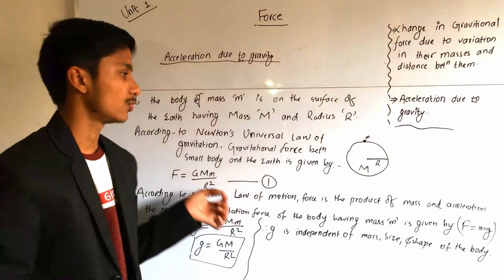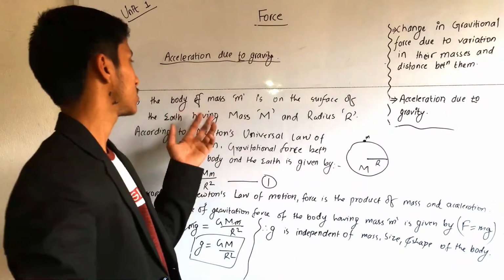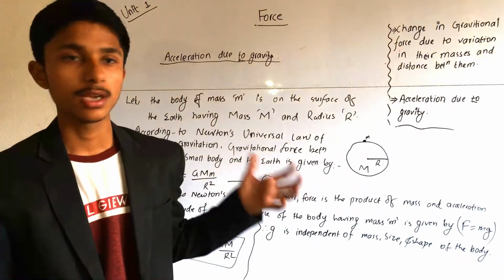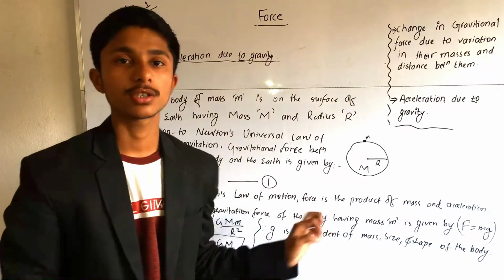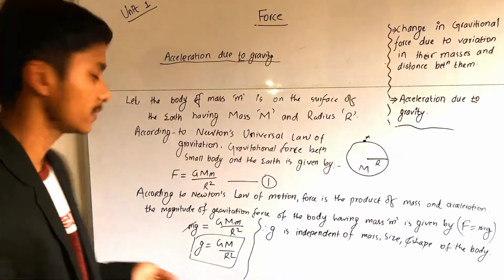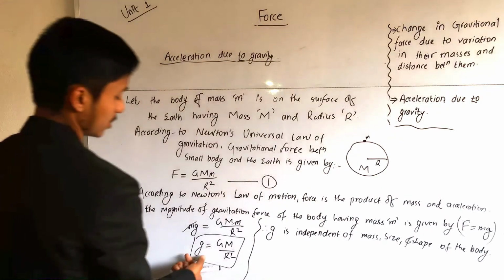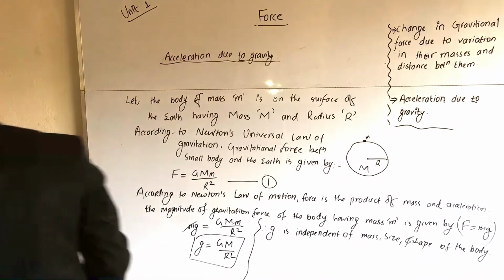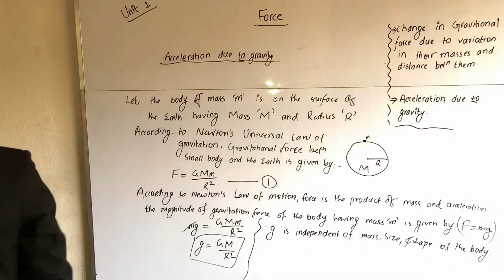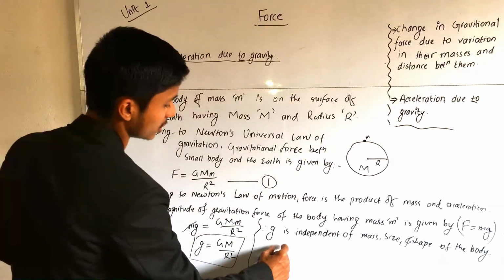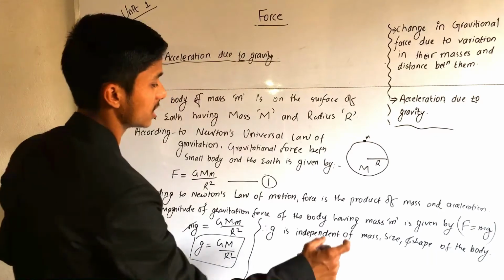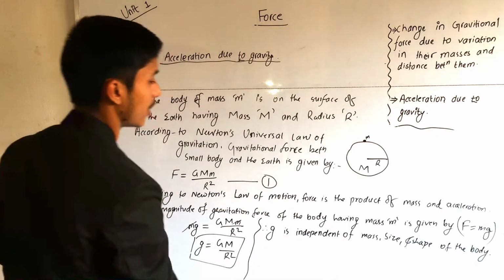When you have to find the acceleration due to gravity of any planet, then just take the mass of such planet and radius of such planet. Then you can calculate the value of small g. From this we have written this g is independent of the mass, size, and shape of the body.